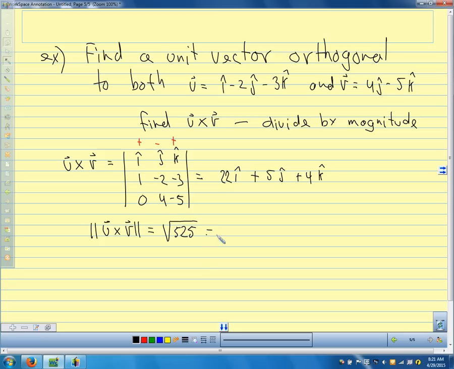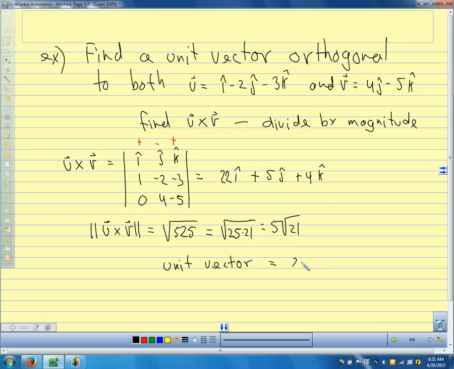And does it simplify? 525 is the square root of 25 times 21. So this is going to be 5 square root 21. Oh, that's where the 21 came from? Yeah. Okay. All right, so then our unit vector, we're going to divide this vector by its magnitude.